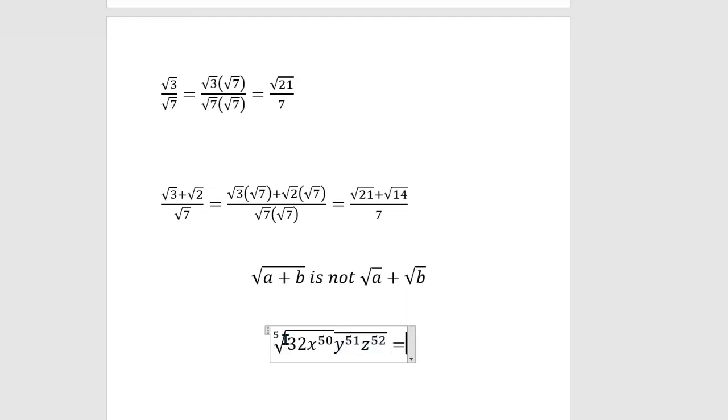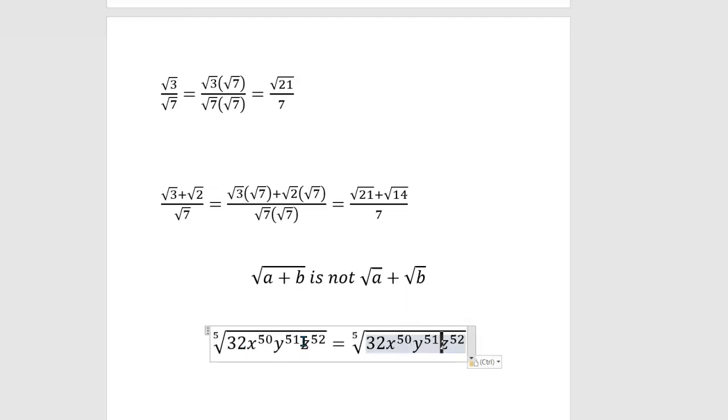So I've got y to the 51, z to the 52, and the 32. It's kind of wonky. So there's the pretty version. Now I want to tinker with it.